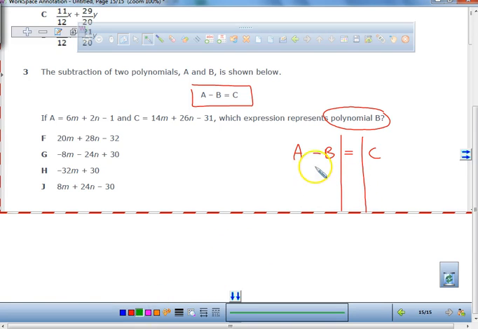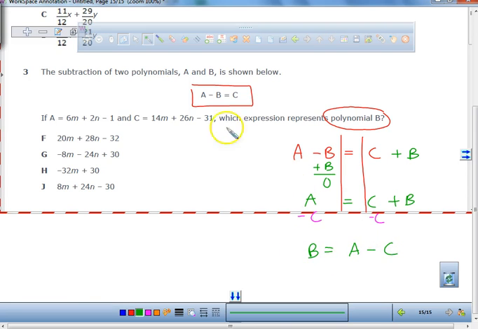You could also add a B to this side. And now what do you have? A equals C plus B. And then you could take away a C from this side. And what is B equal to? B is equal to A minus C.